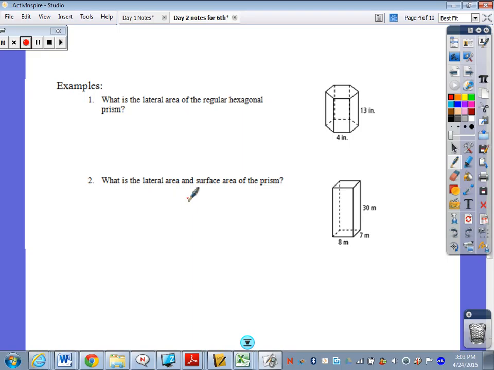So for our example, we're going to find the lateral area of a regular hexagonal prism. Remember, regular means all the sides and angles are equal. So all these sides are 4 for the hexagon. So first thing, identify the formula. So lateral area for a prism is HP.